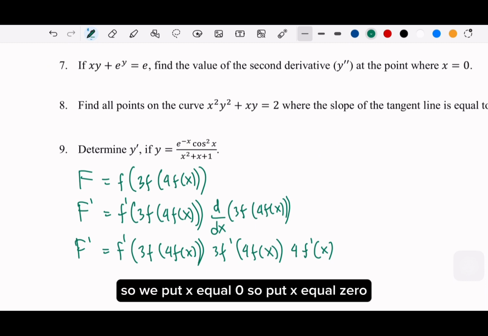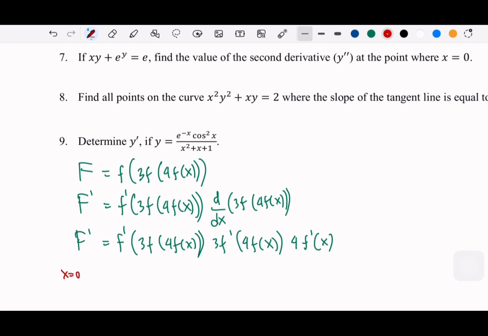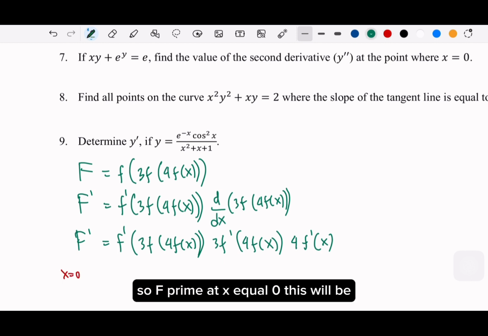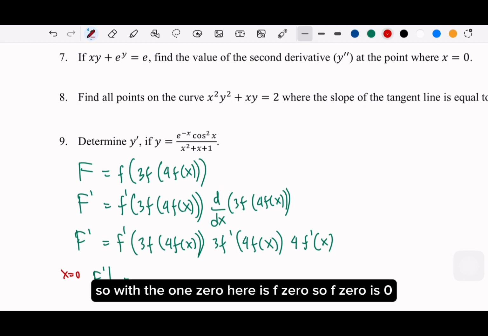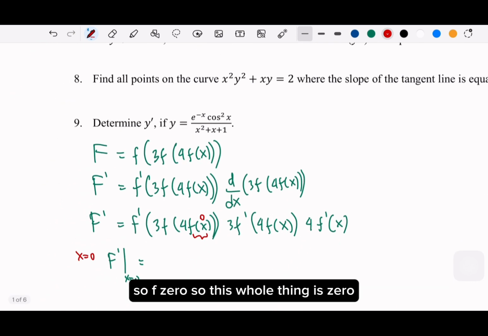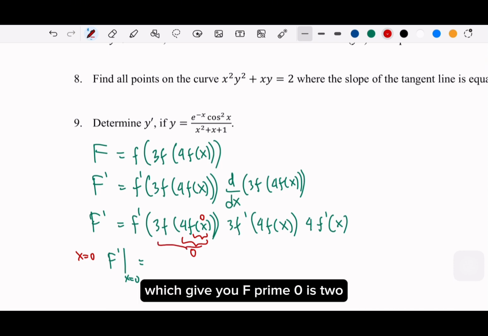So we put x equals 0. So F prime at x equals 0, with the 0 inside, f(0) is 0, so this whole thing is 0, so 3f(0) is also 0, so this whole thing is 0, which gives you f prime(0) is 2.